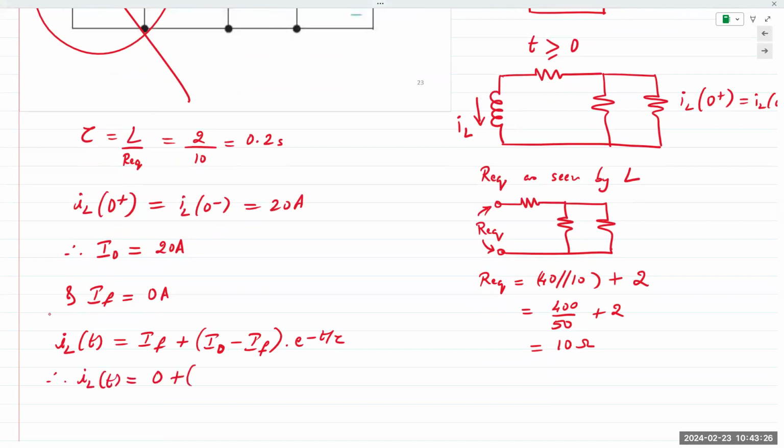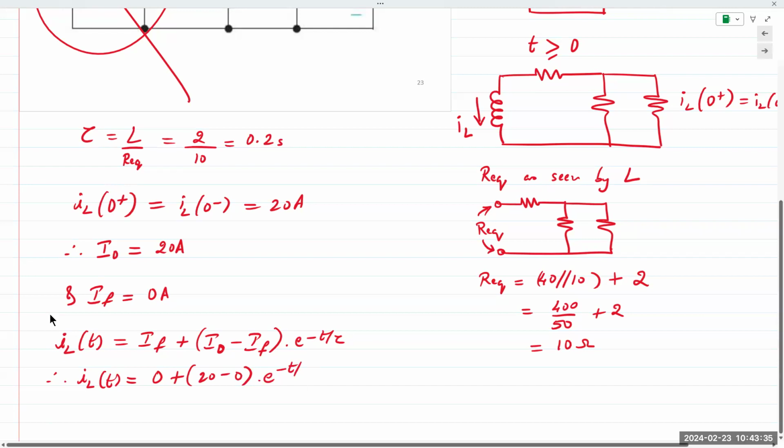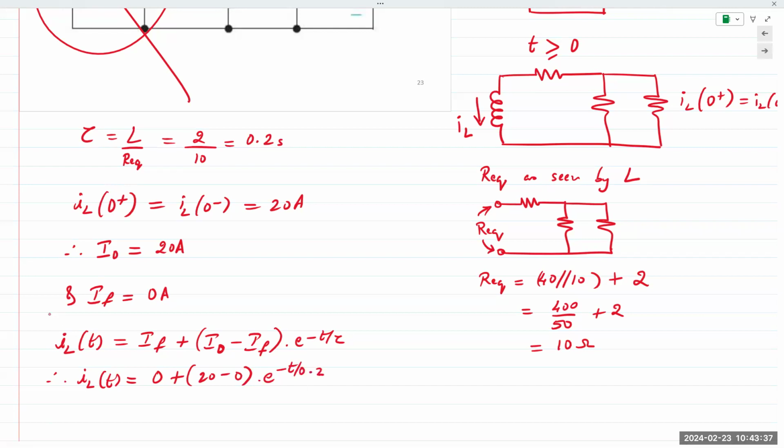I get 0 plus 20 minus 0 into e raised to minus t over 0.2. And then reduce, and I obtain the final expression. IL of t is 20 times e raised to minus 5t.